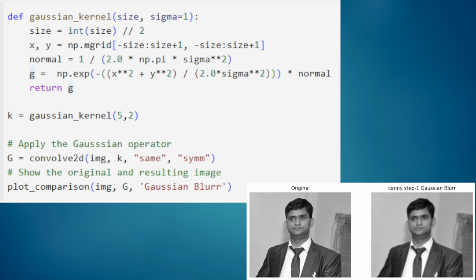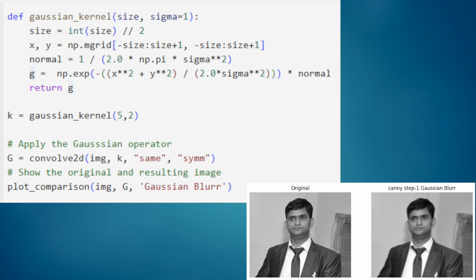It takes the size and sigma values, creates a mesh grid and applies the Gaussian function to the mesh grid, which results in the Gaussian values. This is a Gaussian kernel of 5 by 5, and then you can apply it using the 2D convolution command.